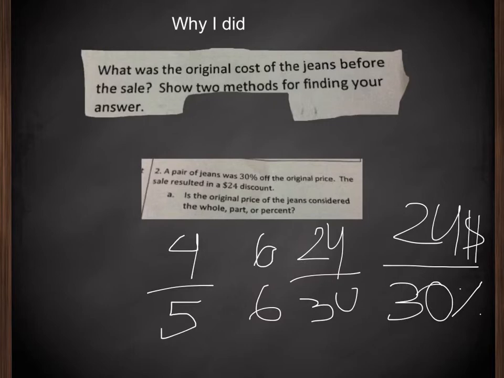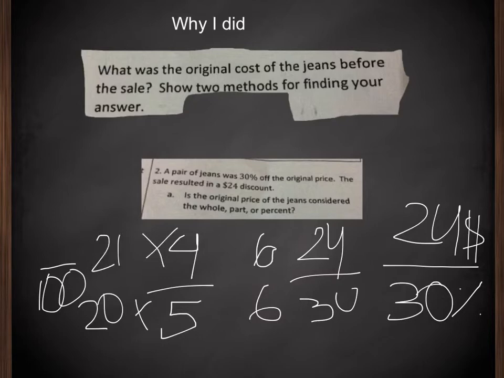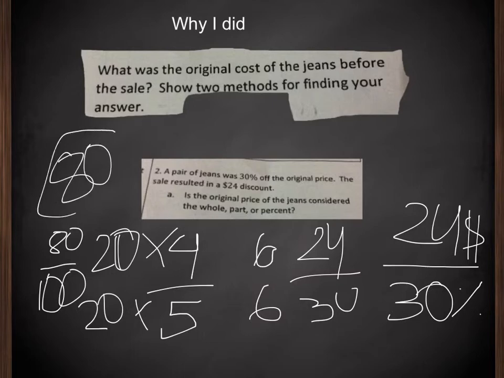Now, I knew that the denominator had to be 100 because if I had to convert it, it had to be 100 since all of those started with percents. 30% is what I started with, and it was a percent, and I had to end with 100% because percent is something out of 100. So I knew that 20 times 5 equals 100, and then 20 times 4 equals 80. So my answer was 80.